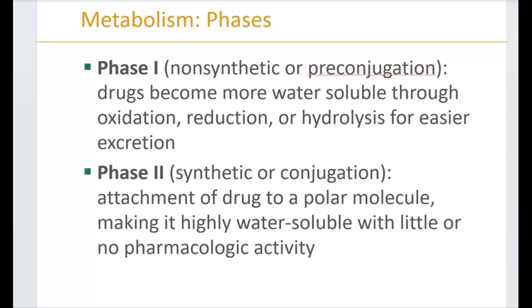Conjugation makes the metabolites more water-soluble, so they can more easily be excreted by the kidneys. So the presence or activity of these enzymes can influence the pattern of drug activity and also will impact the duration of action for the drug.